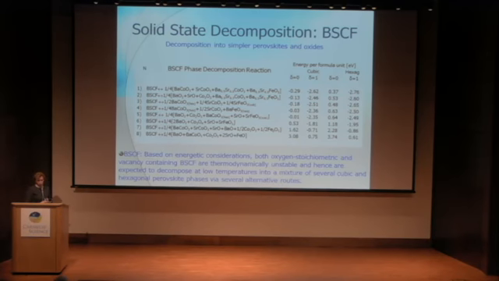Because of that, they are expected to decompose at low temperatures into a mixture of several oxides, either with cubic or hexagonal phases or with combinations of both. And it can be done through several alternative routes, either through simpler perovskites or a combination of perovskites and oxides.